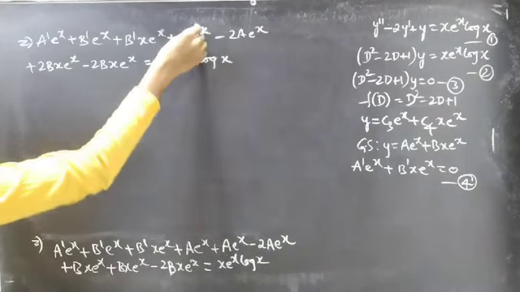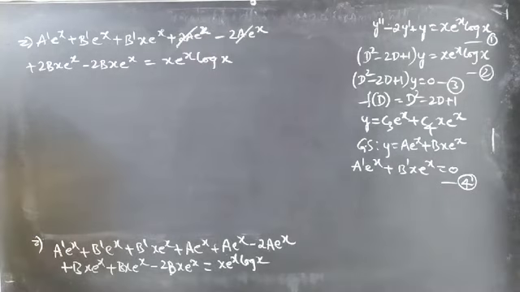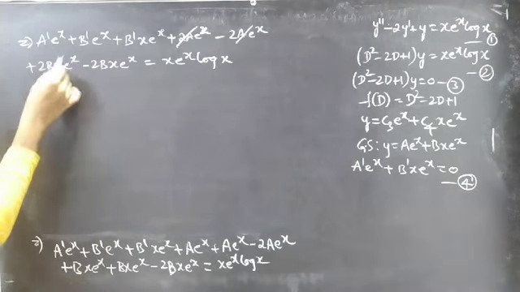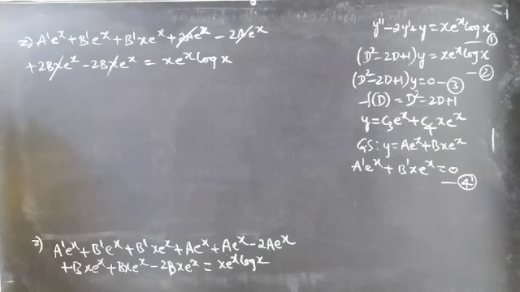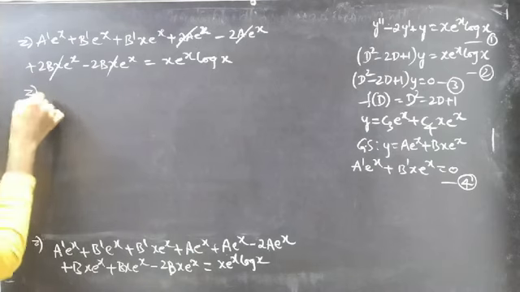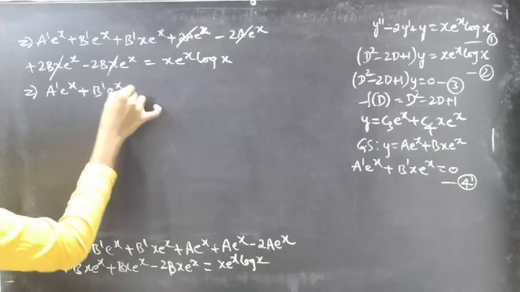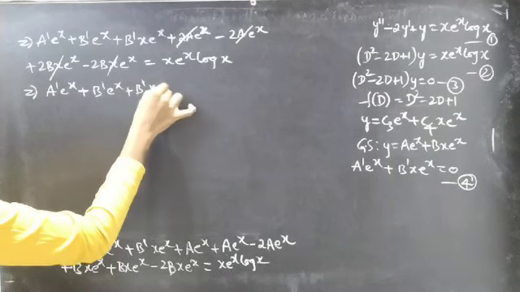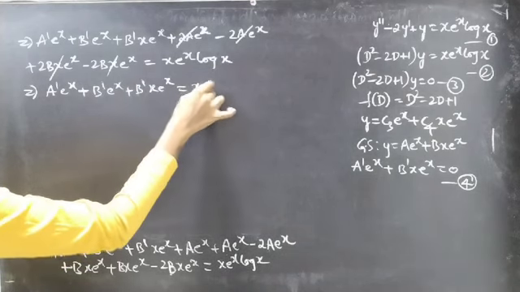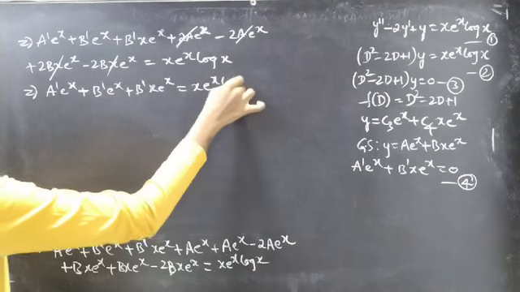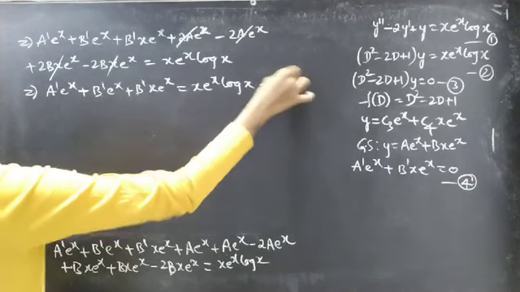So here plus 2a e power x and minus 2a e power x get cancelled, and plus 2bx e power x and minus 2bx e power x get cancelled, and this results in a dash e power x plus b dash e power x equals x e power x log x. Consider this as equation number 5.